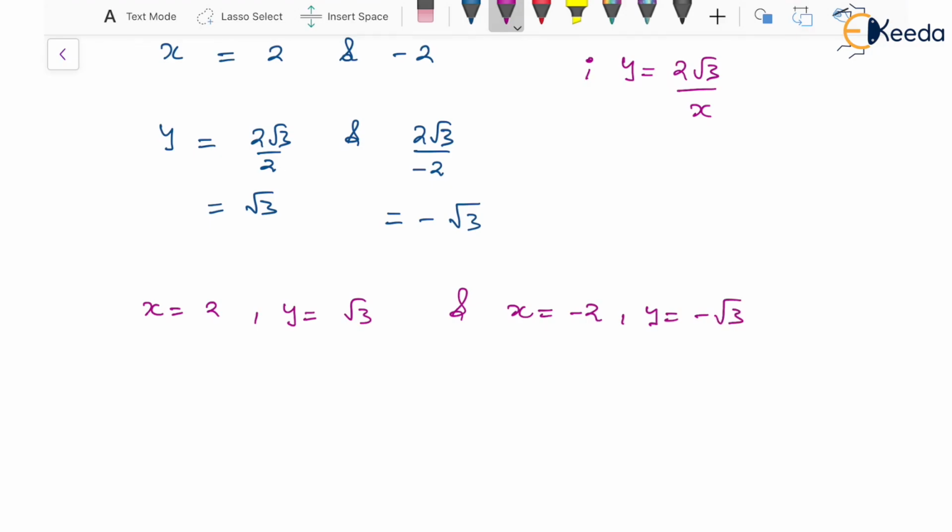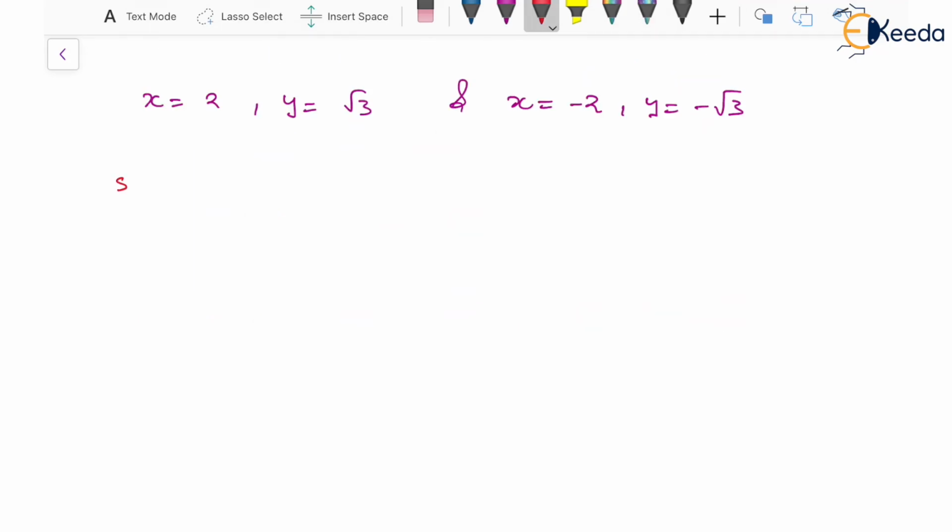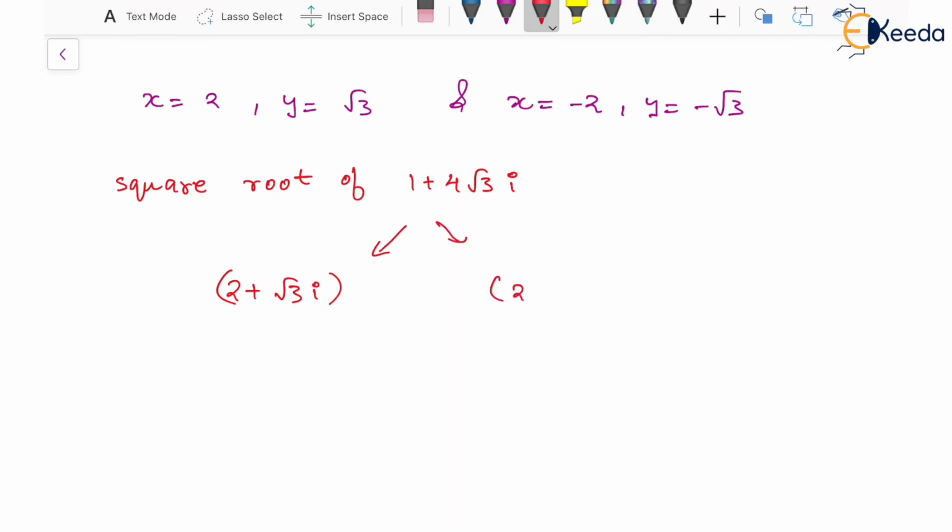So these are the two values we will get from here, and as per our assumption, the square root of 1 plus 4 root 3i comes out to be 2 plus root 3i and minus 2 minus root 3i. So these are the square roots of the given complex number.